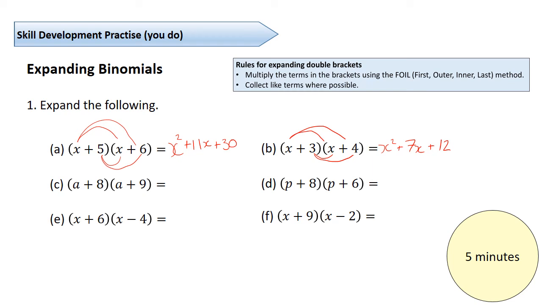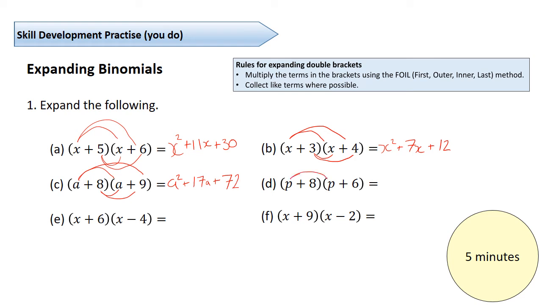Got a couple of a's, same thing: a squared plus, so I'll have 8a, so a squared, a times 9, 8 times a, 8 times 9. So I'll have 9a plus 8a, which is 17a. I need to remember my times tables. That seems about right.